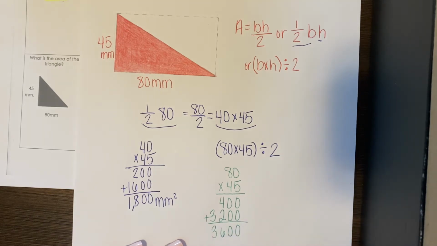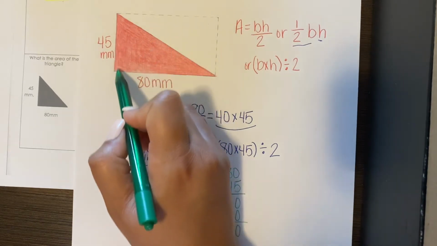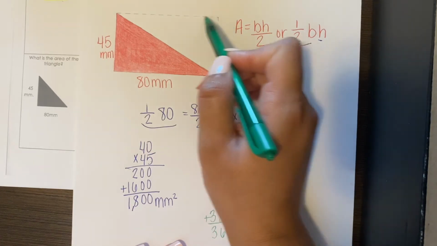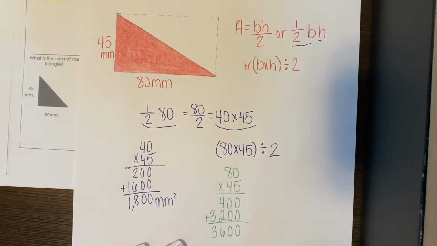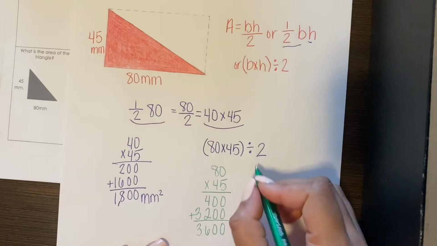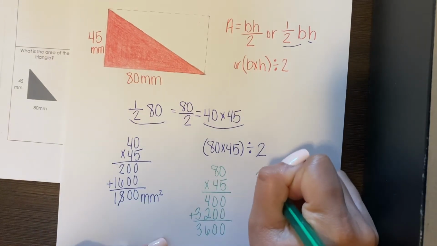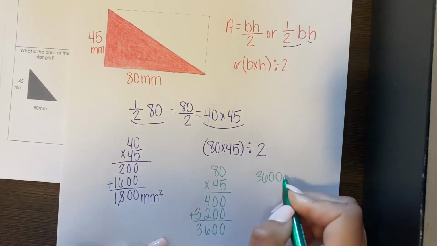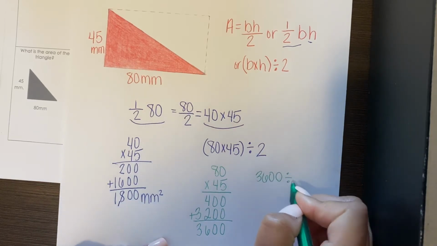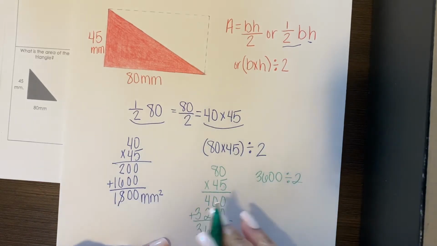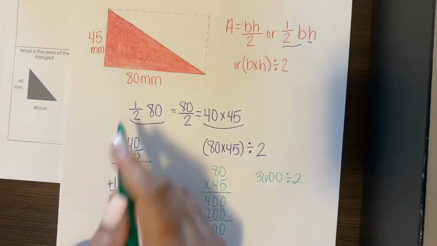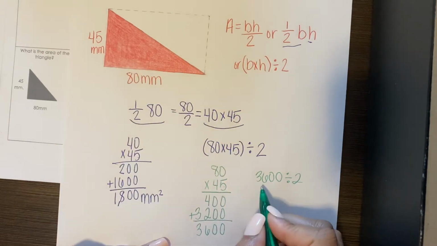Okay, so the area of the whole entire rectangle is 3,600 square millimeters. So now what I have to do is take 3,600 and divide it by 2, because we only want half. We don't want to know the area of the whole rectangle. We want to know the area of the triangle.